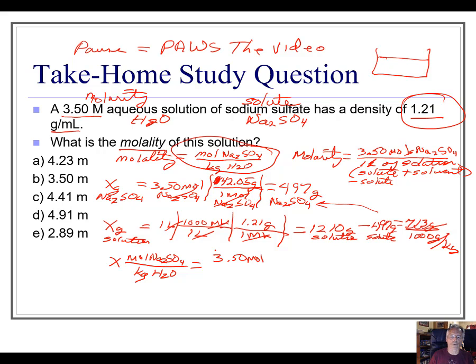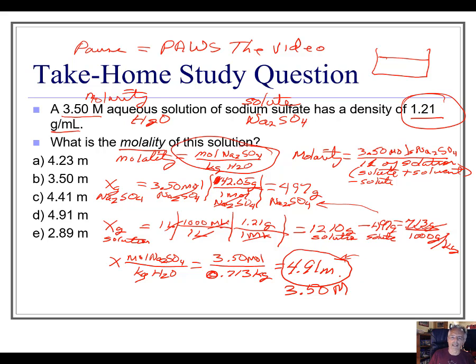It's just being expressed in a different set of values. So the 3.5 moles, still true. And then we've got 0.713 kilograms. 3.5 divided by 0.713, and I wind up with 4.91 molal.